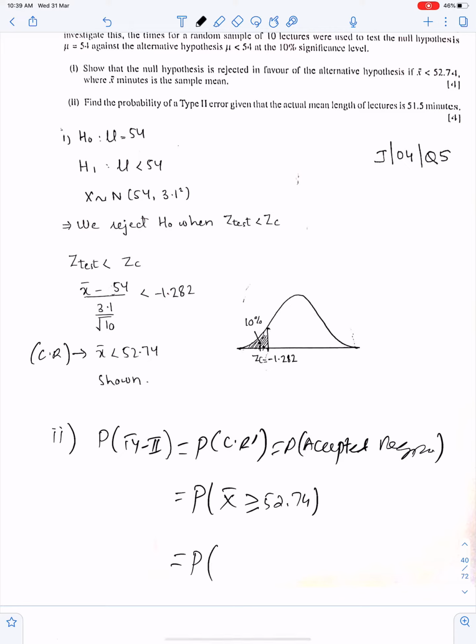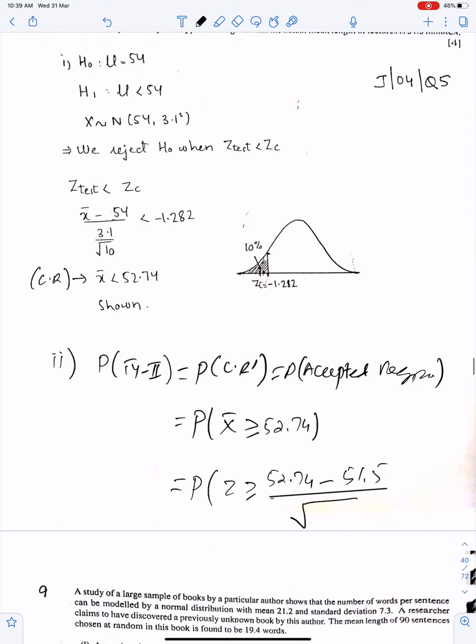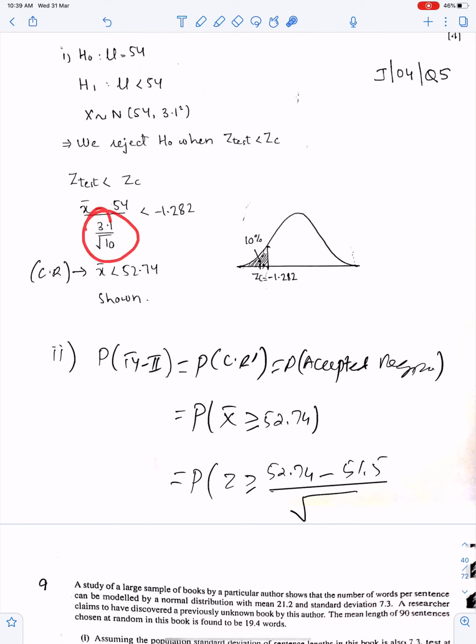So the answer will be z greater than or equal to (52.74 minus mu, which is 51.5) over the standard deviation, which is 3.1 over root 10. This is here.